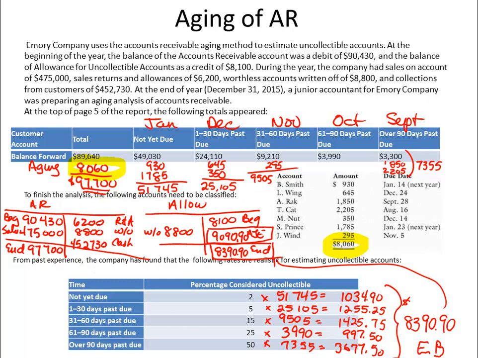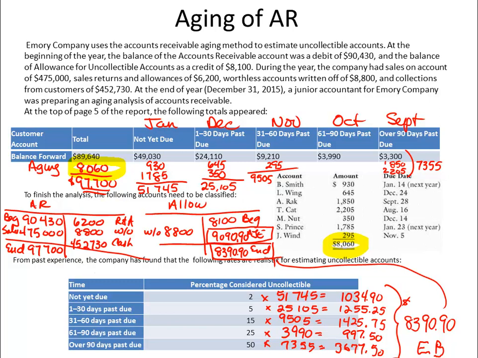When I look at A. Rack, it was due on September 28th, so that $1,850 goes under the over 90 days past due, or the September column. When I look at T. Cat, well, that was due in August, so that's over 90 days past due, and that's why you see the $2,205 in the over 90 days past due column.